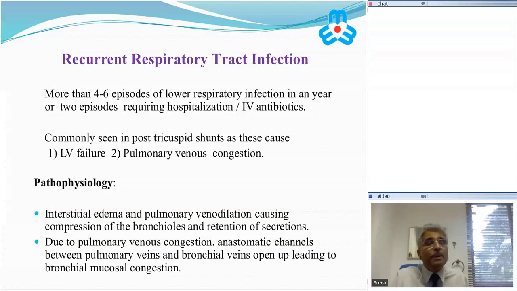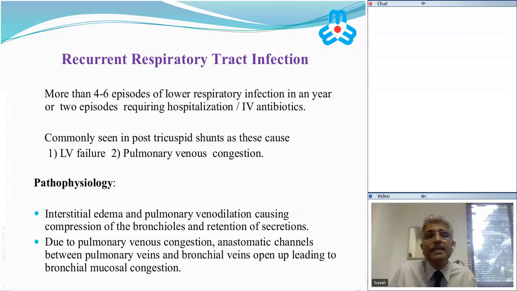But if a baby has episodes of lower respiratory tract infection, and these episodes are more than 4 to 6 per year, because any baby should be expected to have a few episodes of respiratory infection. So it is an increase in the frequency of that which will make you suspect that something is predisposing to it. If there are 2 episodes requiring hospitalization or IV antibiotics, then again you will be concerned and you will call it recurrent respiratory tract infection.